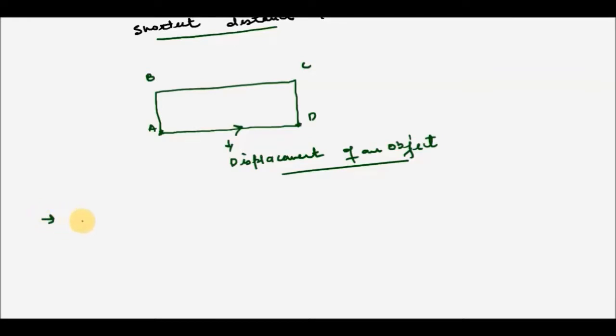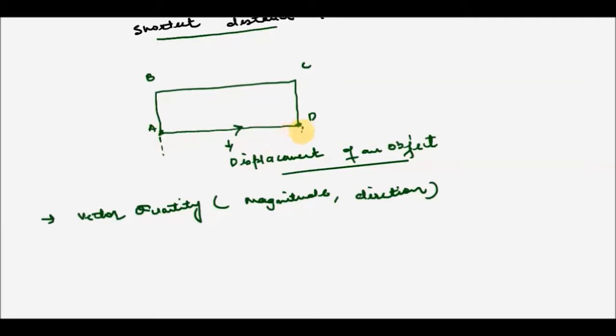Firstly, displacement is a vector quantity, right? It is a vector quantity. That means it has both magnitude as well as direction. Now this is the magnitude.